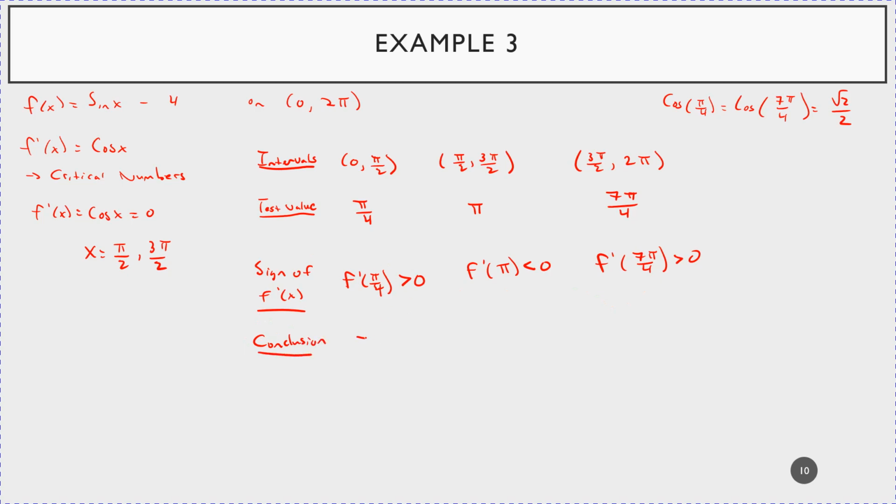It's increasing on this interval, decreasing on this interval, and then again increasing on this interval. So we can firm it up and say this function is increasing on 0 to pi over 2, and from 3 pi over 2 to 2 pi, and then it's decreasing here.